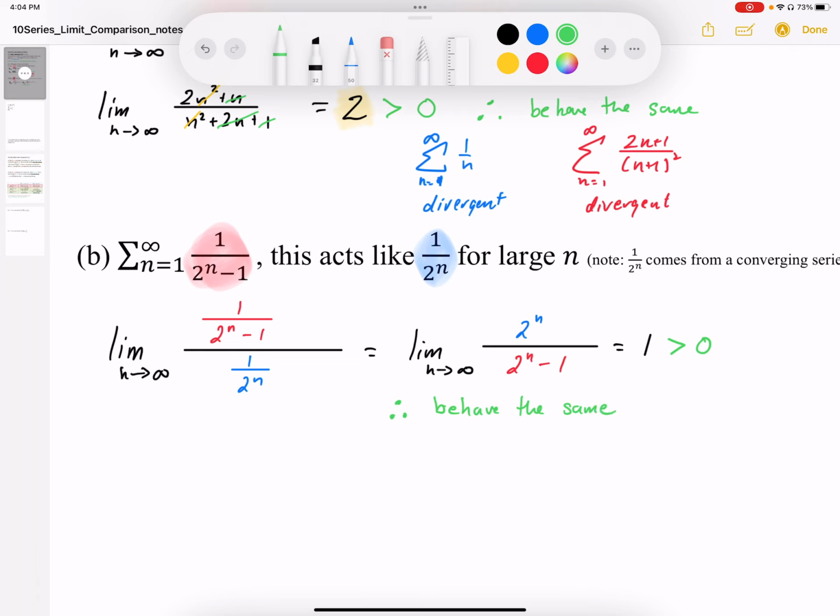So they behave the same. If they behave the same, we're going to say that the series 1 over 2 to the n converges, and that also means the series we're testing, 1 over 2 to the power n minus 1, also converges.